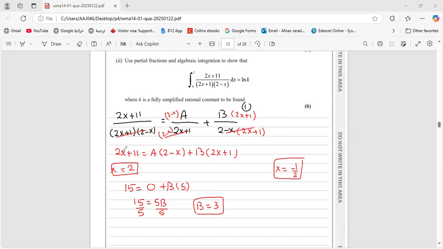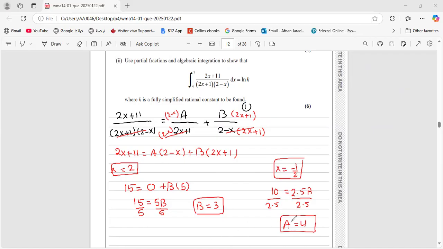Negative half multiplied by 2x, negative 1 plus 11, which equals 10. 10 equals 2 minus half, which equals 2.5a. Divided by 2.5 both sides, a equals 4. a equals 4 and b equals 3.